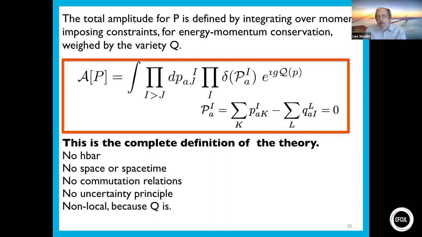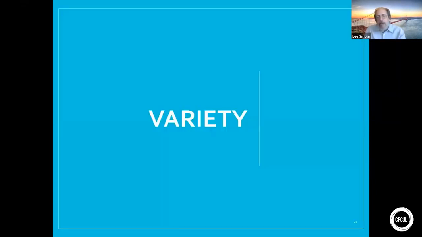So there's no locality, there's no non-locality. These distinctions are going to emerge when space emerges, which will be something that happens dynamically in a certain limit, which we'll be discussing. Basically a stationary phase approximation.